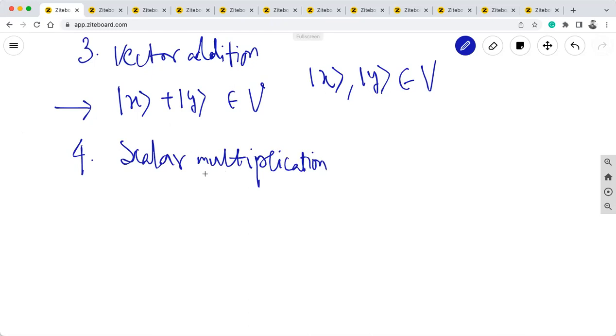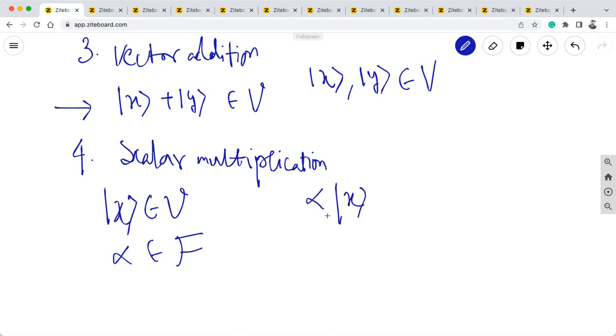If I take a vector ket x, an element of the set capital V, and I take a scalar alpha, which is an element of the set F, which may be a complex scalar or a real scalar, then the scalar multiplication of alpha with ket x should also be an element of V.